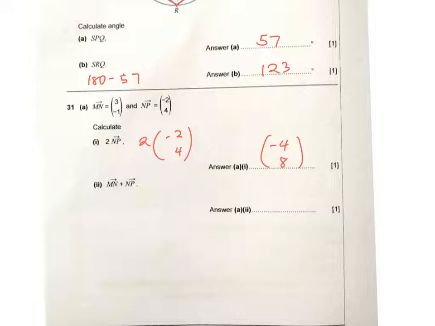Okay, and then adding this vector plus that vector, you have (3, -1) plus (-2, 4). You add the tops, you add the bottoms. 3 plus -2 gives me 1, and -1 plus 4 gives me 3.